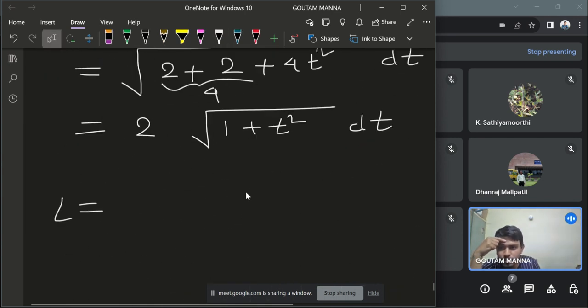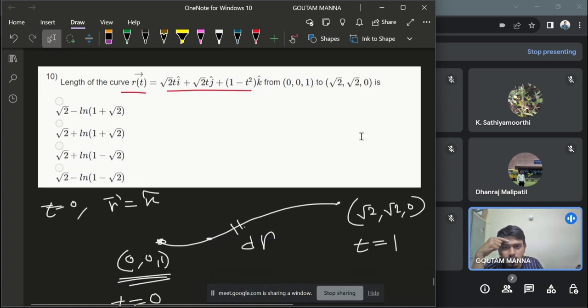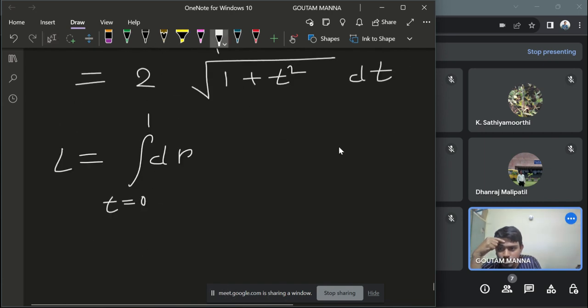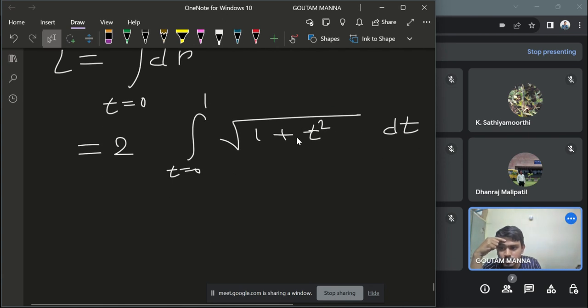So the total length will be integration of dr from t equals to 0 to 1. If we go from t equals to 0 to 1, we will just go from this (0, 0, 1) to (root 2, root 2, 0) point. Now this is integral of root under 1 plus t square dt, t equals to 0 to 1, and this is a standard integration, so the integration value I wrote it down.